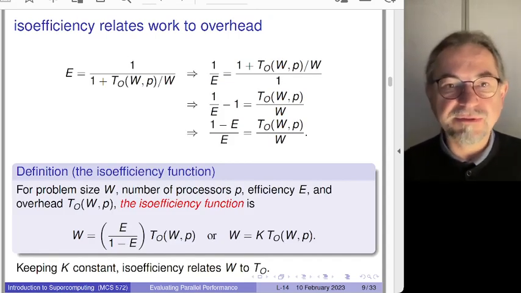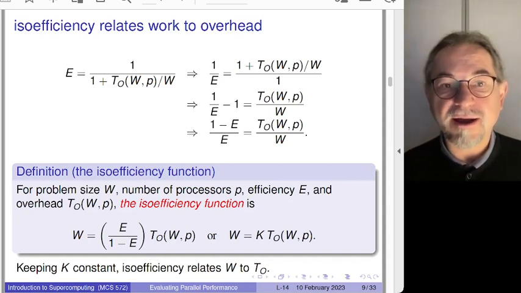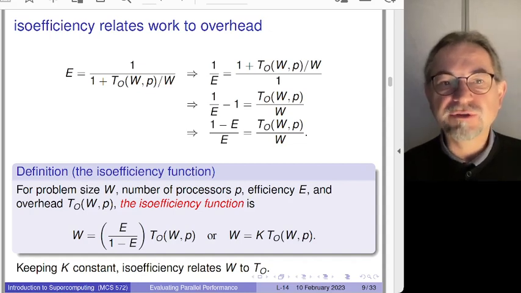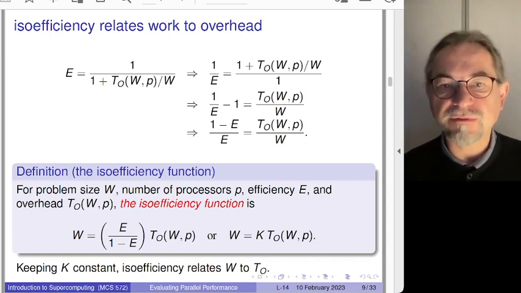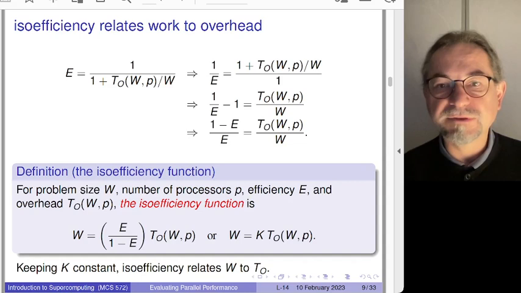So here is now the derivation of the isoefficiency. We have derived the formula for the efficiency in terms of the problem size and the number of processors. If we are rewriting this, then we can arrive at the ratio of the overhead and the problem size.